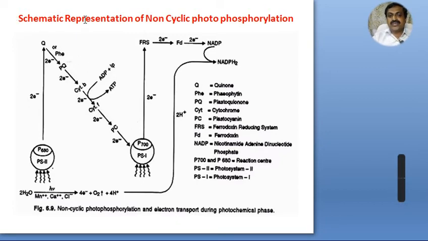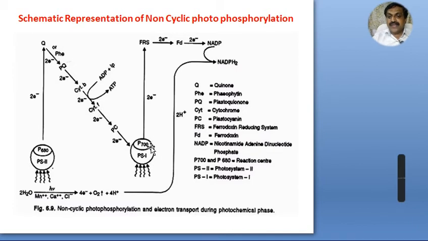So during non-cyclic photophosphorylation, the same P700, that is photosystem unit 1, gets light energy in the form of photons. When it gets light energy, it gets excited, goes to an excited level.